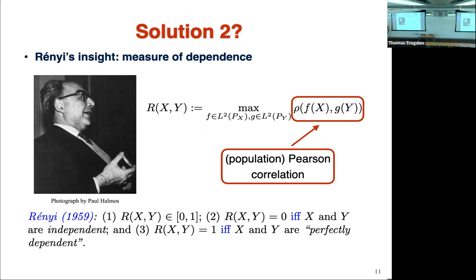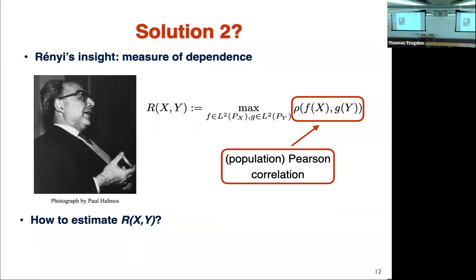It is 1 when Cauchy-Schwarz gives us equality, which is when there exist some f and g so that f(x) and g(y) are equivalent up to some linear transformation. So this is what he gave us as a measure of dependence.